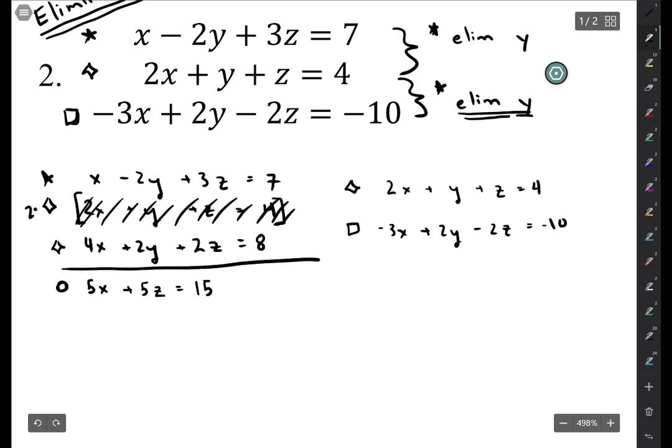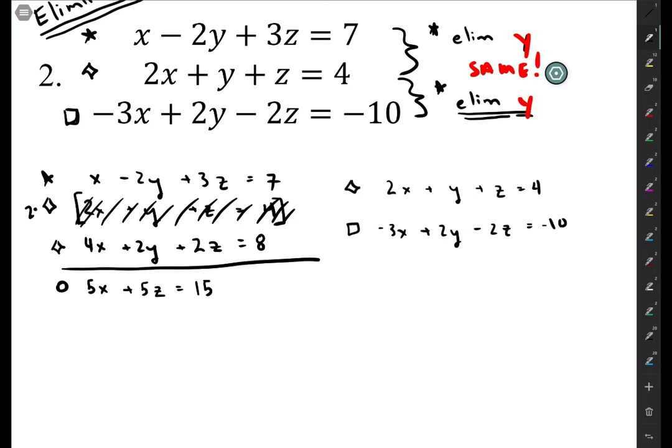The key thing is you have to choose the same variable to eliminate. Even though it might be easier to take care of the z's, we want to stick with the same ones.